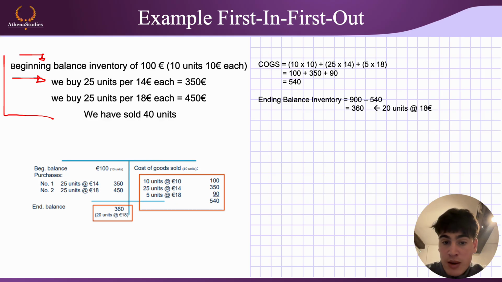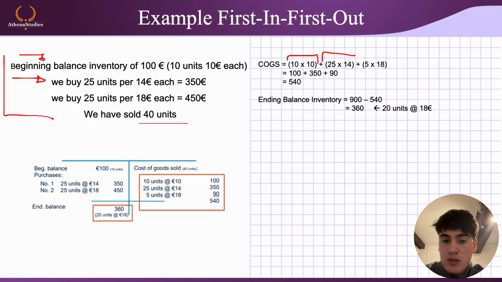So we sell all the 10 units that were at the beginning, and we sell them at their prices. We bought them at 10 euros, and we have 10 units, so we will sell these units at the same price. But it is not enough because we need 40 units.